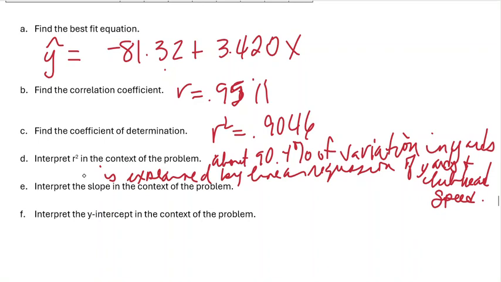Okay, interpret the slope in the context of the problem. Well, the slope was 3.420.